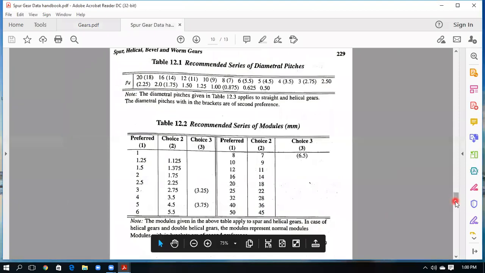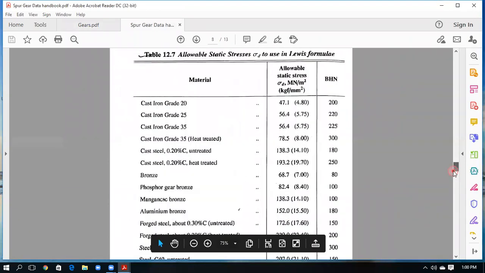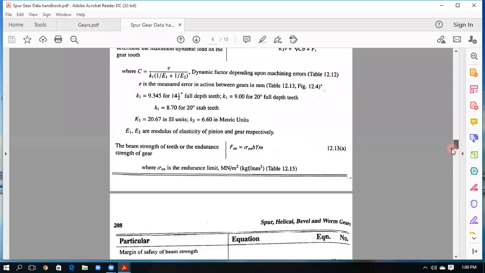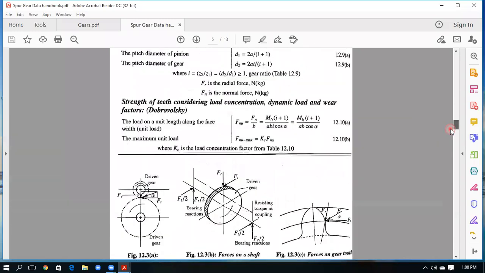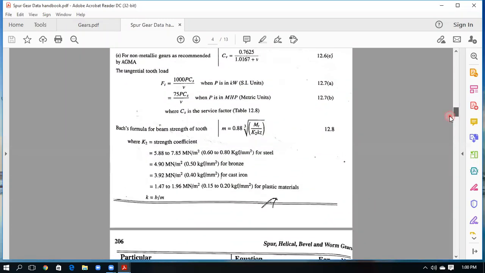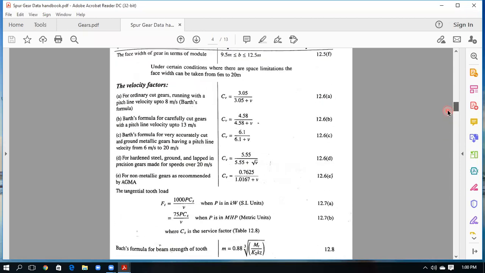Here you can see that if it is less than 8 meters per second, you have to use equation 12.6a. If it is greater than that, you have to use equation 12.6b.